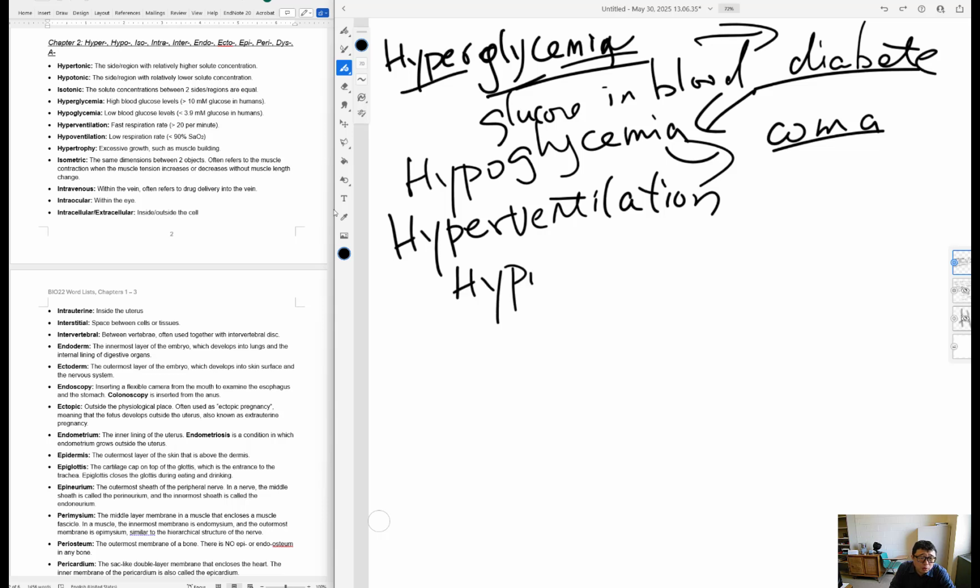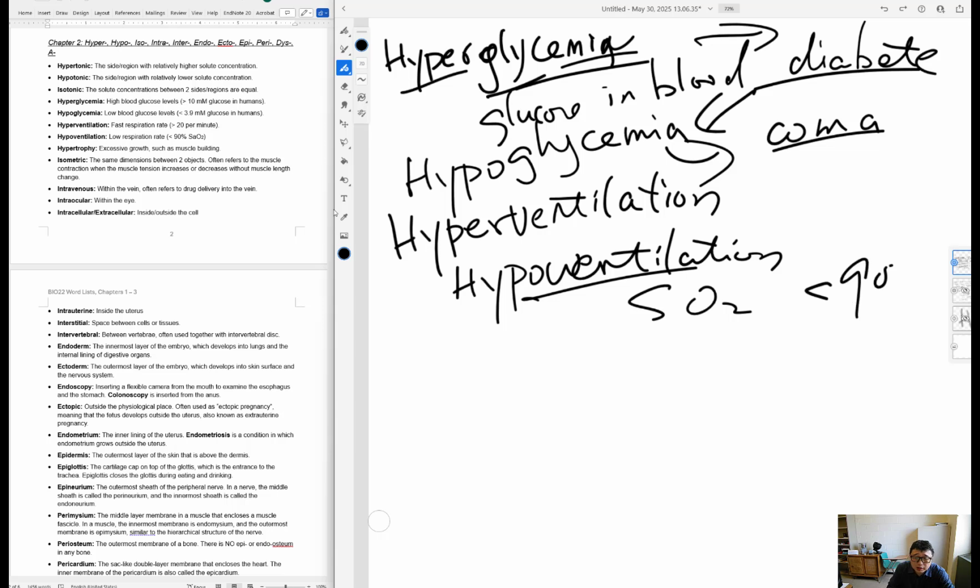But hypoventilation is not defined by how many respiration cycles you have per minute, but rather by SO2, oxygen saturation in the blood. If it's less than 90%, that's hypoventilation.